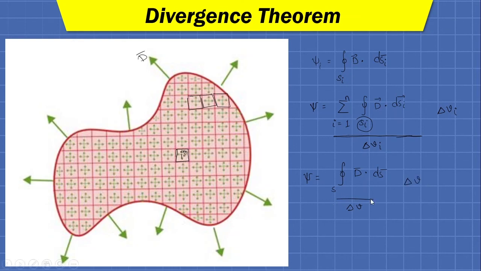and giving the limit to each such small volume shrinking to 0, what will happen?